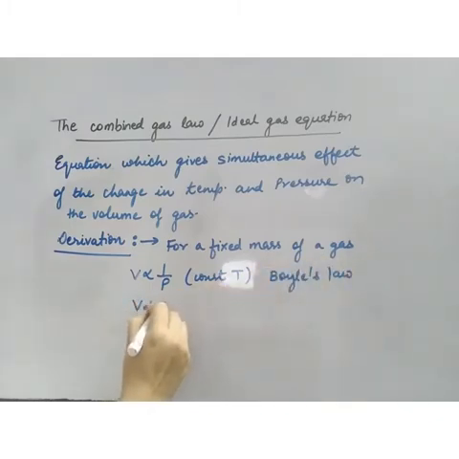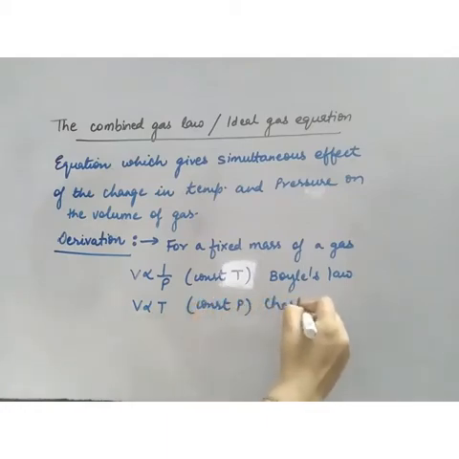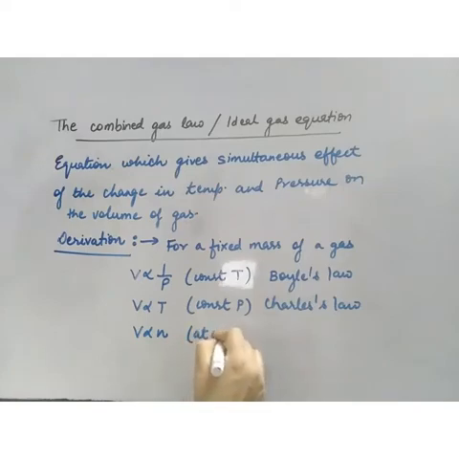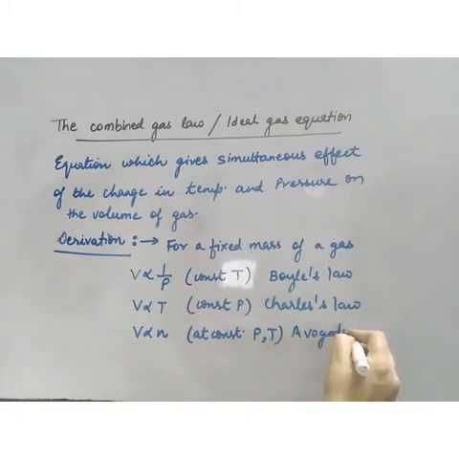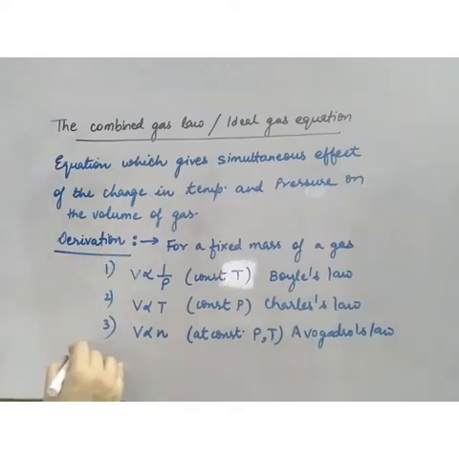Volume is proportional to temperature at constant pressure. This is in accordance with Charles' law. And third, volume is proportional to n at constant pressure and temperature. This is in accordance with Avogadro's law. So we have 3 relations, and we'll combine the 3.